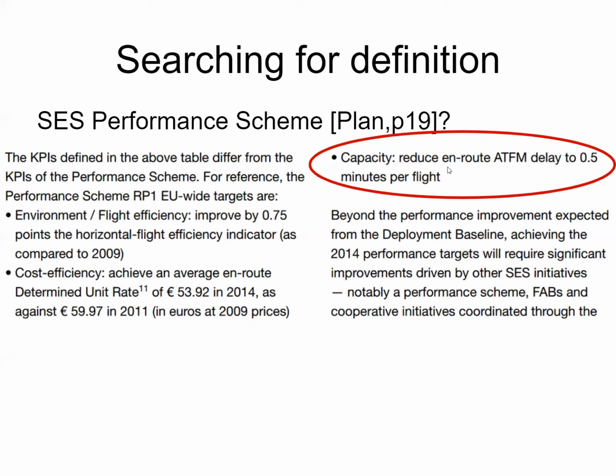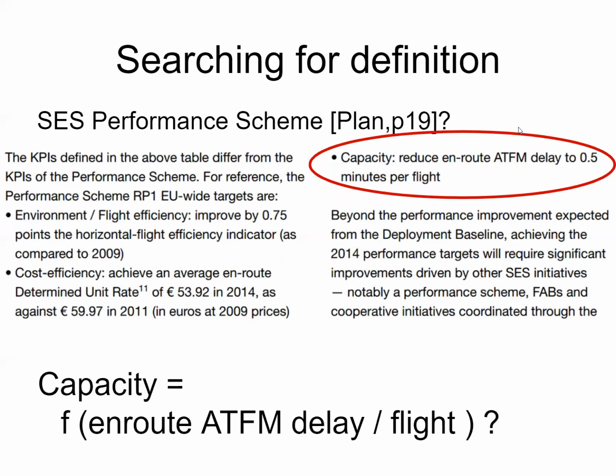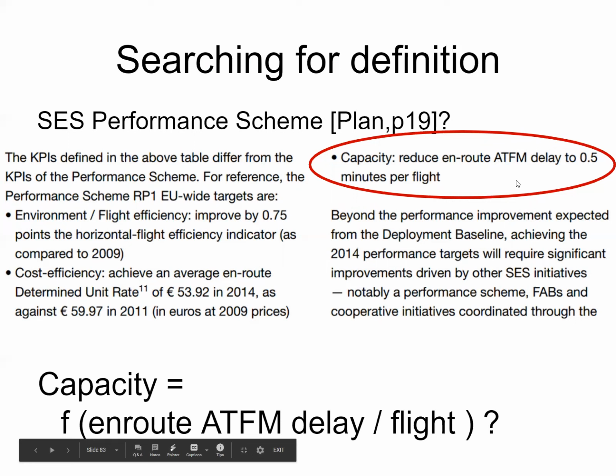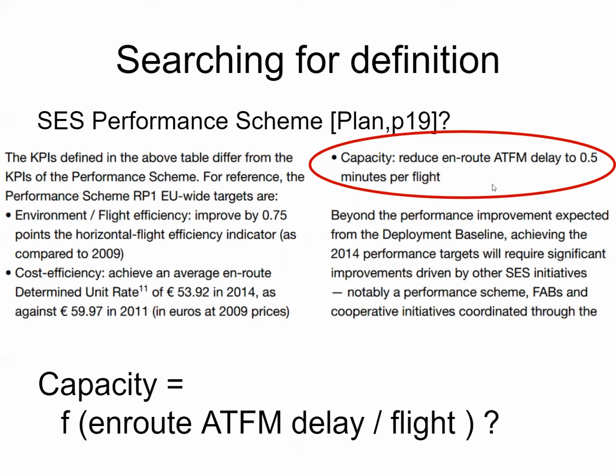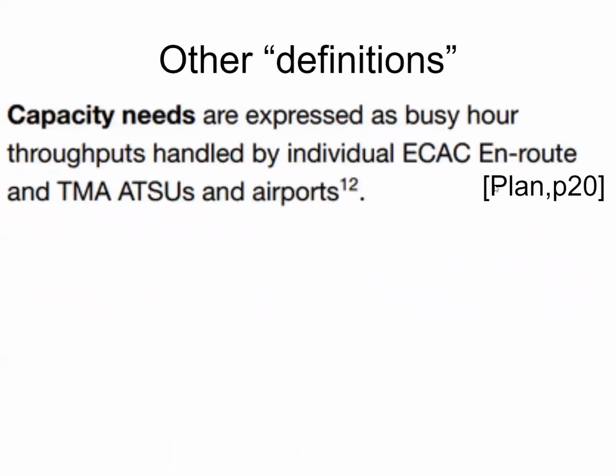But anyway, according to the performance scheme, capacity is somehow related to delay per flight, delay attributed to air traffic management, air traffic flow and capacity management, or air traffic flow management. So capacity is some function of delay per flight, at least judging from this.